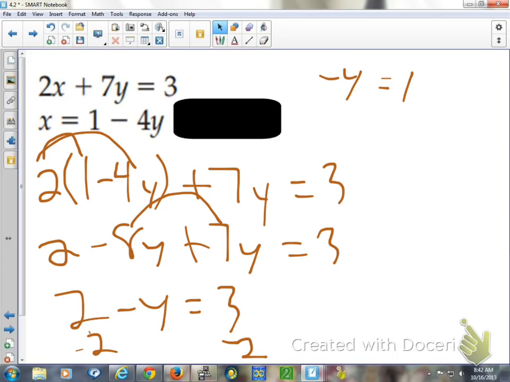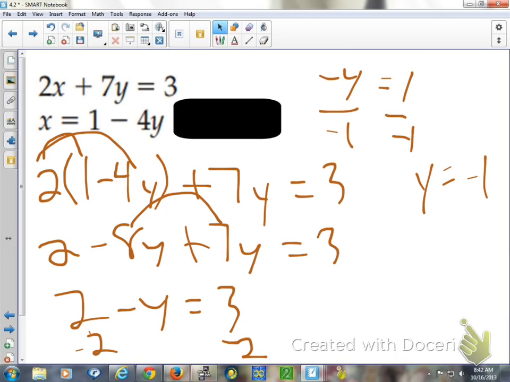Are we done with y? No. It has to be positive. You can divide both sides by negative 1, or you could add the y and subtract the 1, whichever you want to do. That gives you y equals negative 1. Are we done now? What do we have left to do? Sub it back in.